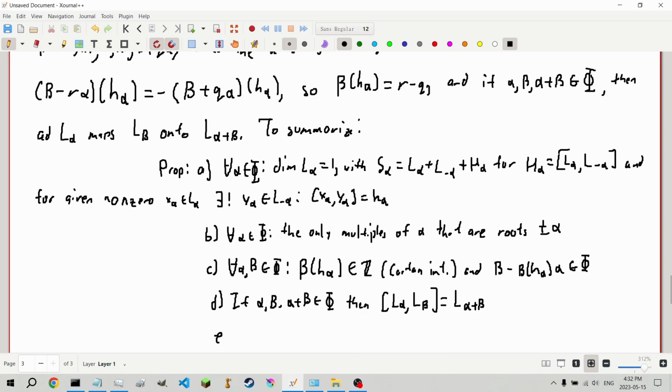Condition E, let alpha and beta be roots, with beta distinct from alpha.